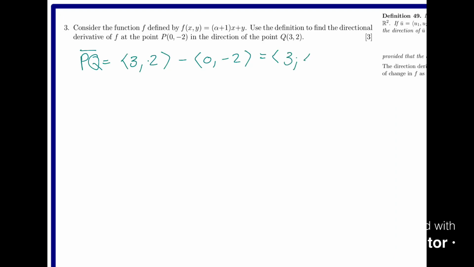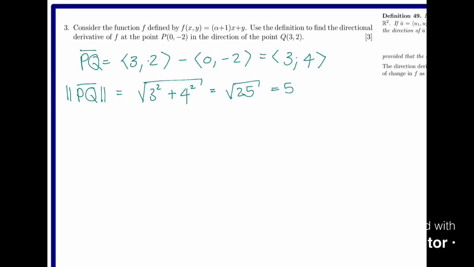(3, 4). Now, as you can see, this is not a unit vector, and for a directional derivative, we need a unit vector specifically. So what we're going to do is find the norm of this vector, and this is equal to the square root of 3 squared plus 4 squared, and this is the square root of 25, which is equal to 5.